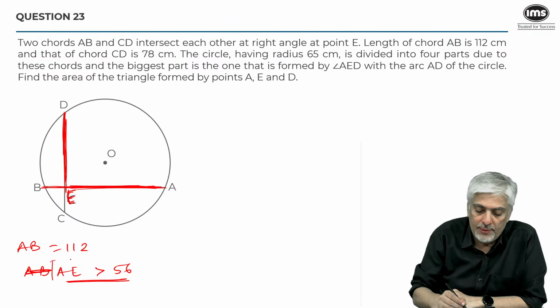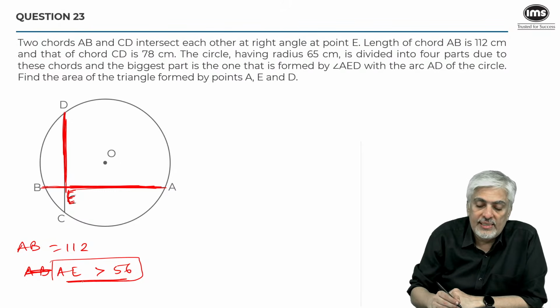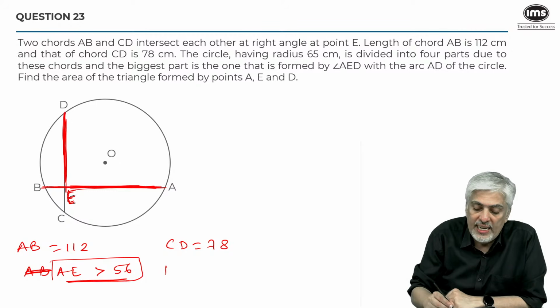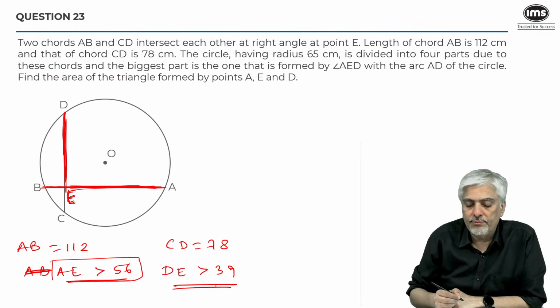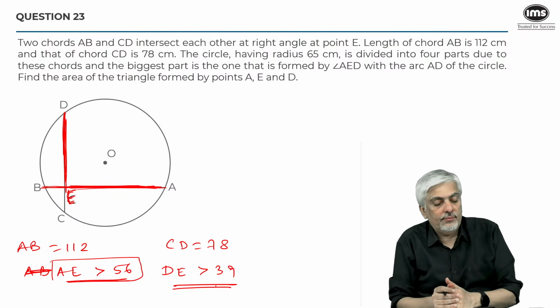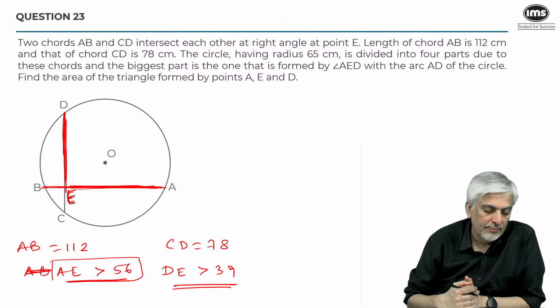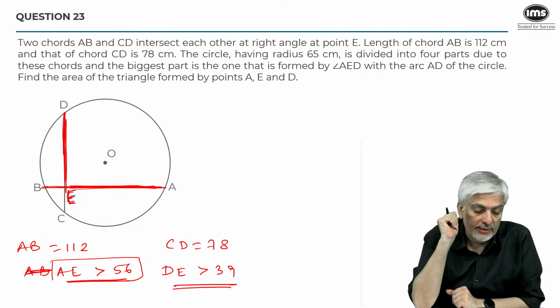Very good, Uday. I'm happy. CD is given as 78. So therefore, DE has to be greater than 39 definitely. Divya, wrong. I don't know, Divya, how you got such a whole number answer.